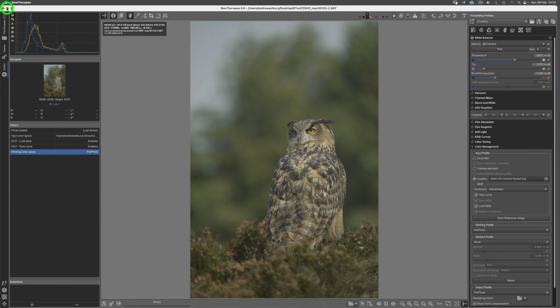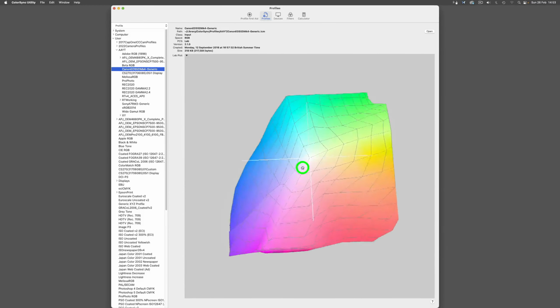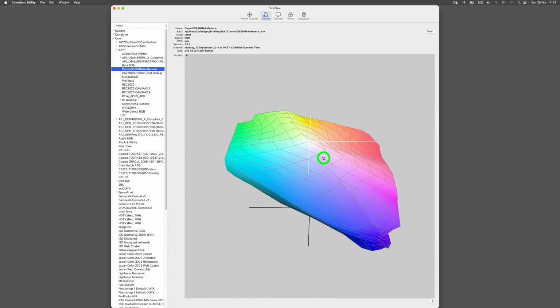So we'll just minimise that, and come back to here. So we have to look at our working space and how it equates to all the colours that are potentially capturable. Capturable, is that actually a word? I don't know. You tell me. But the potential colours that are capturable by your camera.